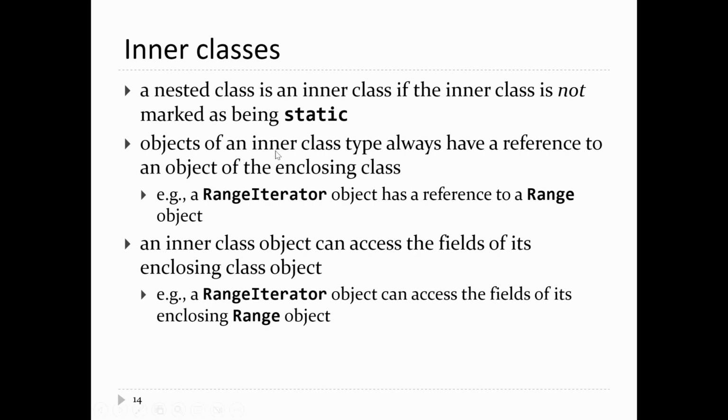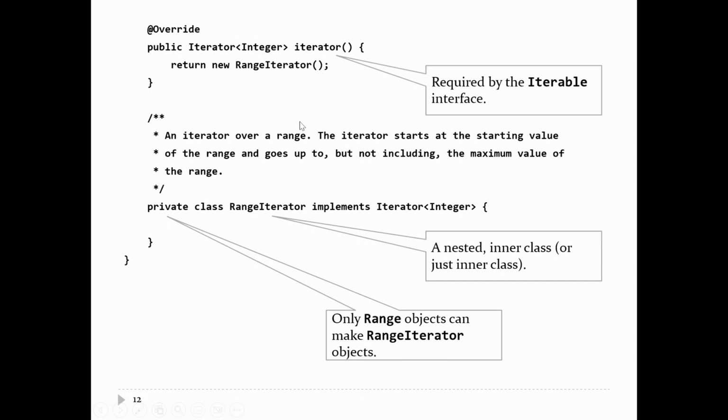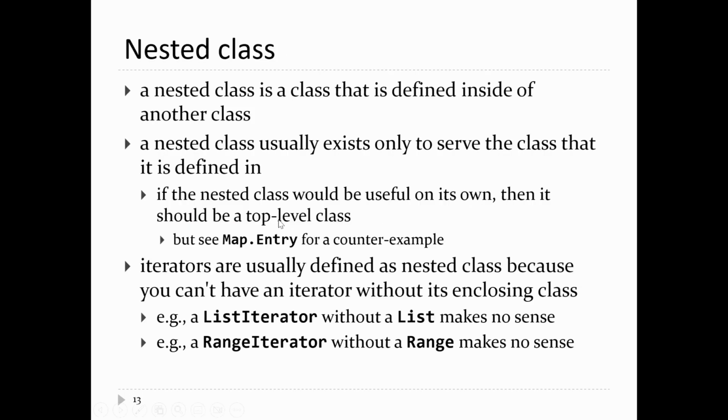A nested inner class is a class that's nested and not static. It's a bit of an odd definition because I'm telling you what it's not. If the word static does not appear here, then this thing is an inner class. And I'll tell you what a static nested class is in a later lecture.